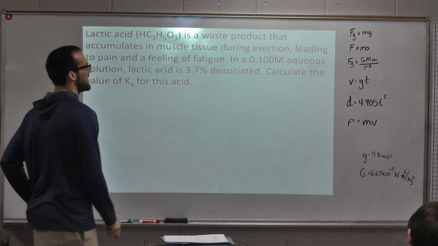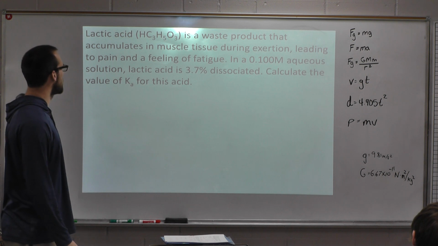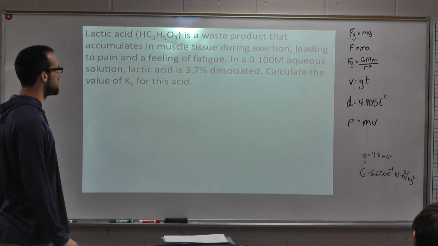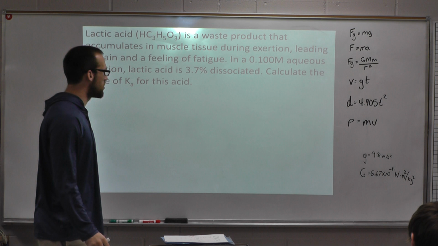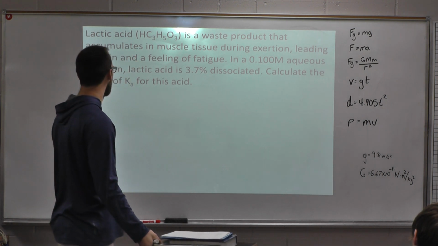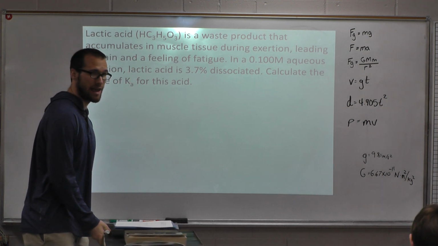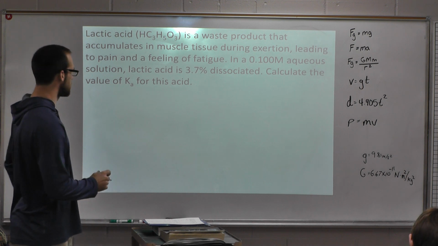So we got lactic acid, a waste product accumulated in muscle tissue during exertion, leading to pain or a feeling of fatigue. In a 0.1 molar aqueous solution, lactic acid is 3.7% dissociated. Calculate its Ka. Boy, they didn't tell us much, did they?